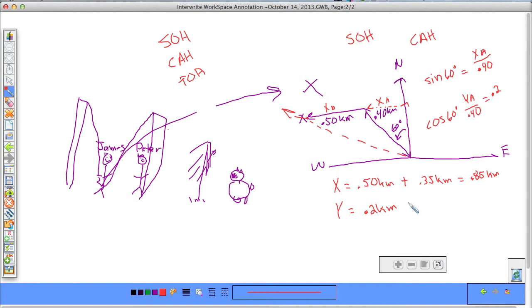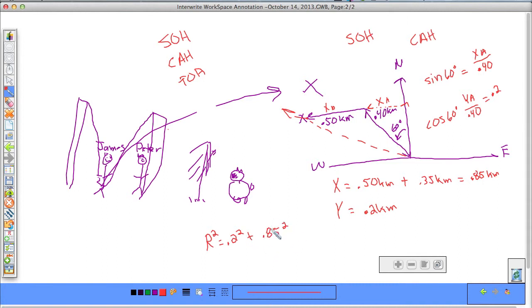Okay. So now, how do I resolve this vector? Well, now it's as simple as the Pythagorean theorem, because I know that my total x direction is 0.85 and my total y direction is 0.2. So my resultant vector, r squared, is going to equal 0.2 squared plus 0.85 squared.